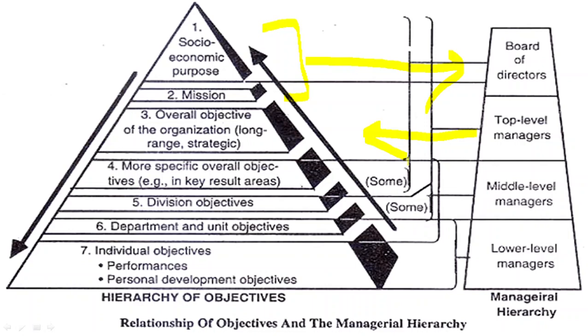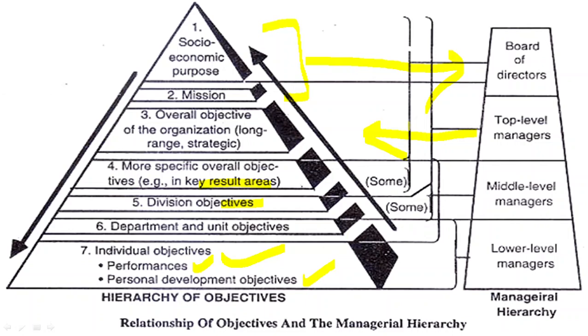And middle level management has more specific overall objectives for key areas, division objectives, various departmental objectives. And lower level managers have their own individual objectives on their performance, their personal development objectives. So that is the managerial hierarchy of objectives.